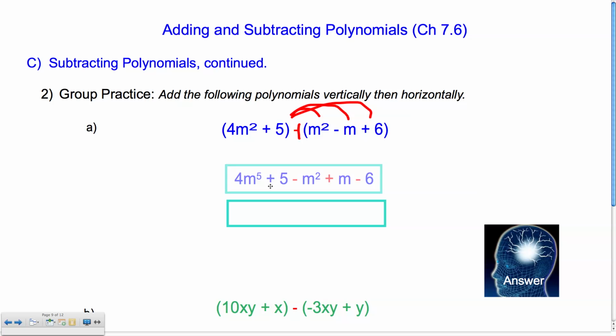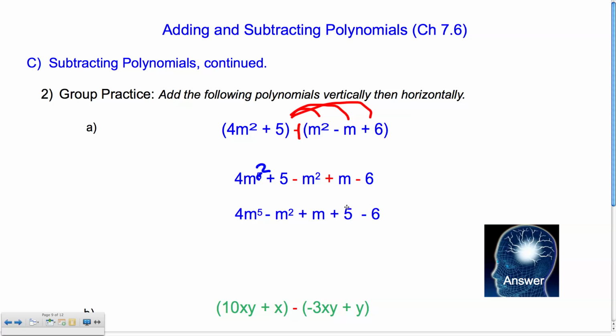What happens is, oops, I made a mistake here. This should be a 2. Sorry about that. Let's fix that before that confuses anyone. Okay, so 4m to the second plus 5 and minus m to the second plus m minus 6. I have it highlighted there in red, those operations there. You can see how they're changing as I multiply each of them by -1.